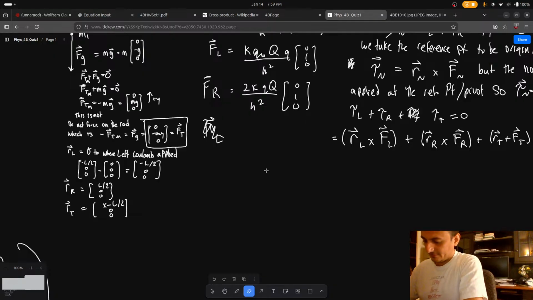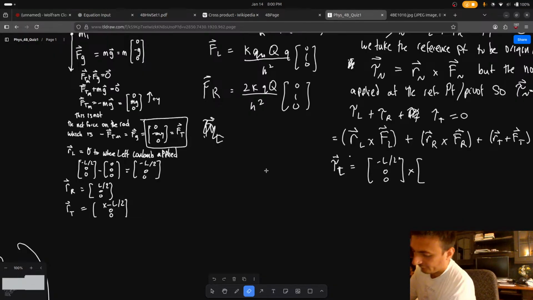Now we should just be able to plug and chug. So first off, tau L is going to be equal to minus L over 2, 0, 0, cross the force, which is going to be 0, kq big Q over h squared, 0. I think that's it.